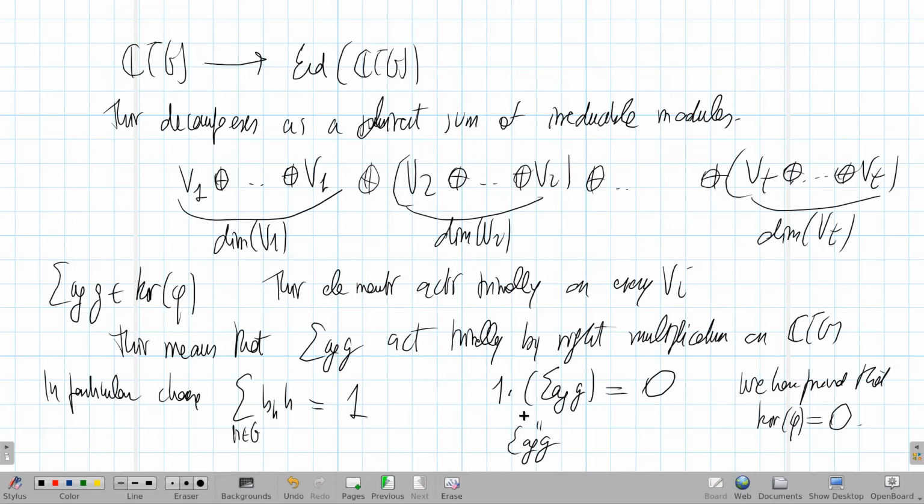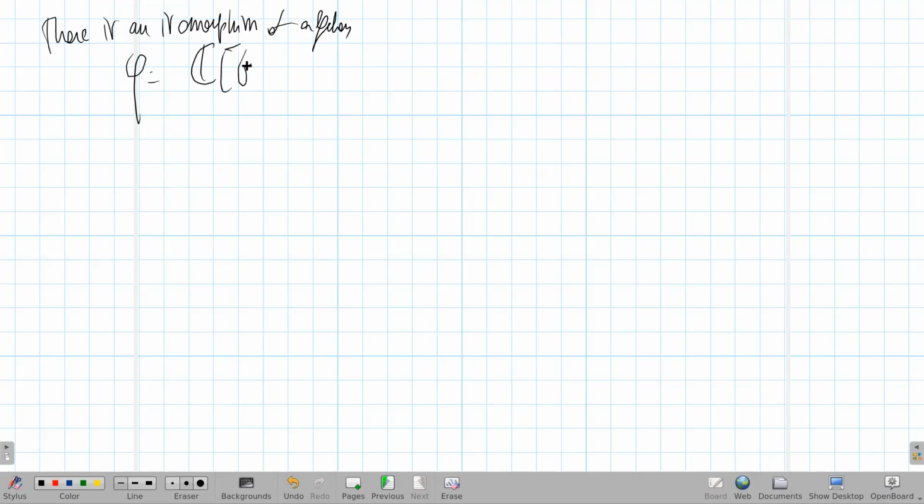So the only way for this to happen is if this element is 0. Good. So what we have found? We have found that there is an isomorphism of algebras, in particular of vector spaces, from the group algebra to this direct product or sum.